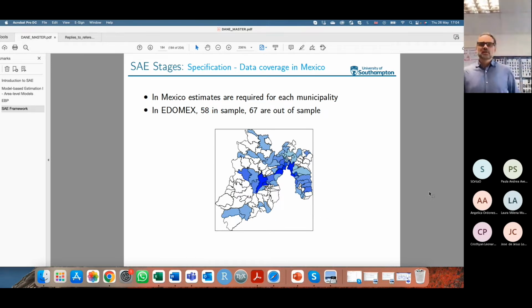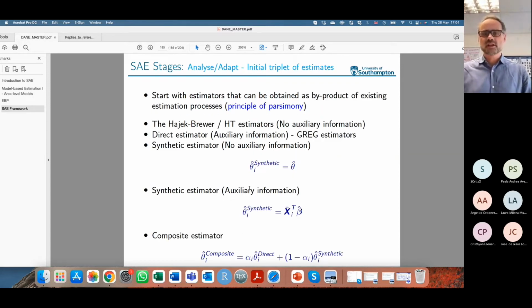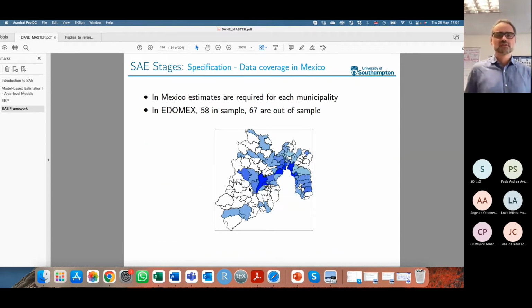So let's look at the basic things. As I said, good descriptive analysis. In the State of Mexico, which is presented here in this map, you will see that the boundaries defined here, apologies, are municipalities, okay?